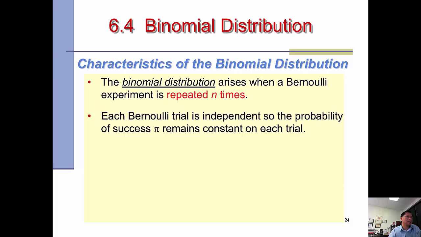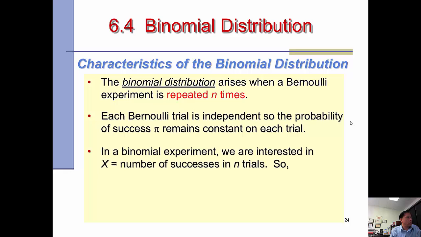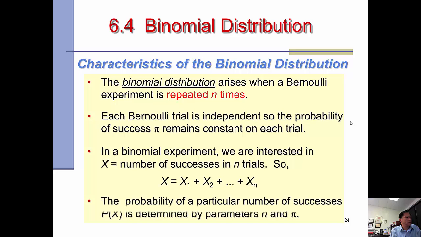You can imagine this as flipping a coin over and over many times. That becomes a binomial distribution. In a binomial experiment, we are interested in the number of successes in n trials. So x equals x1, x2, x3, all the way up to xn. We want to know how many successes, for example, how many heads we're going to have. Right? That's what we're interested in.